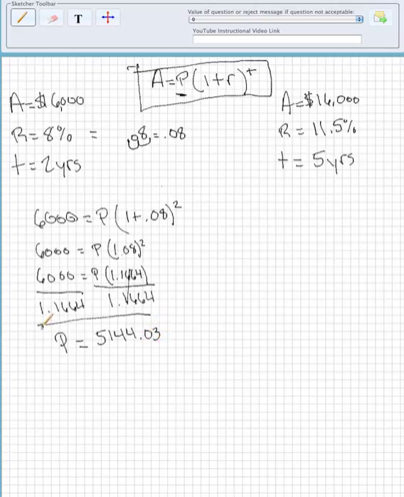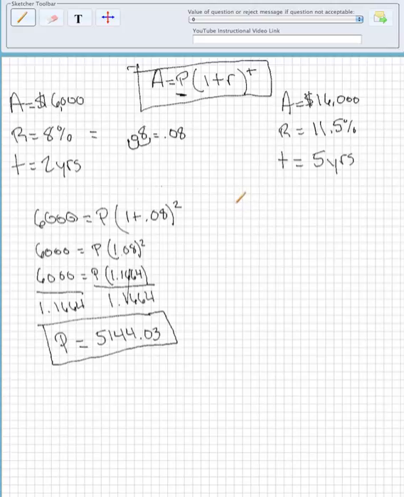So what that means is that if you invested $5,144.03 at 8% interest, in 2 years you'll have $6,000. So pretty much your $5,000 or so will make you about $850 in 2 years if you just let it sit at 8%. It's not bad.